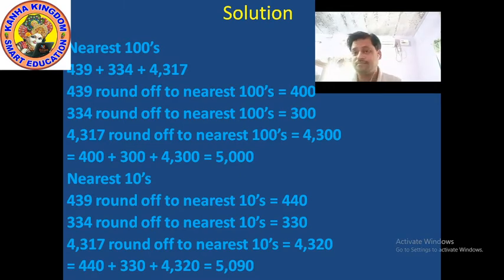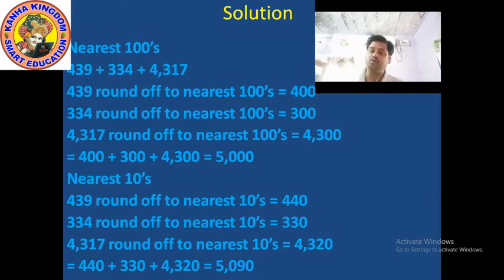Now the second part is when we convert 439 plus 334 plus 4317 to the nearest 10. You convert these three numbers to the nearest 10. The first number is 439, and when converting to the nearest 10, keep in mind two place values: the tens place and the ones place. First, which place value do we check, tens or ones? The ones place value.